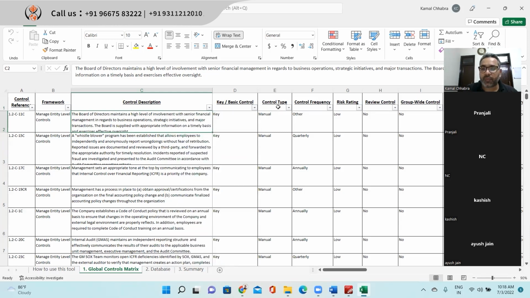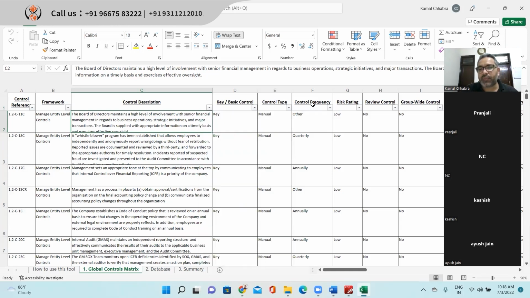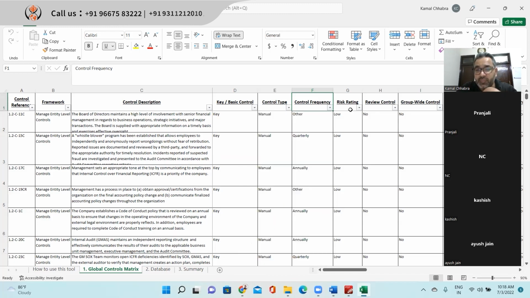And then the type of control: manual control, IT dependent manual control, application control. So what category the control is, and then the frequency of the control, how frequently that control happens, whether annually, semi-annually, application control, daily basis, monthly basis, quarterly basis, or any other random frequency they have, right?